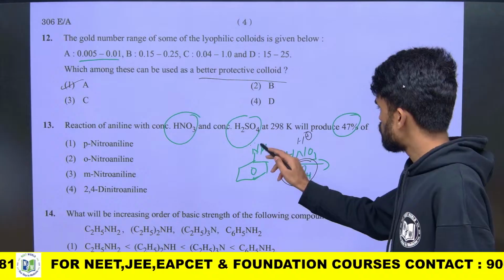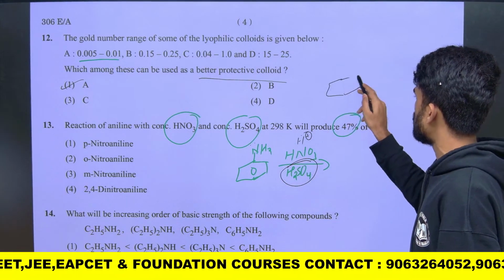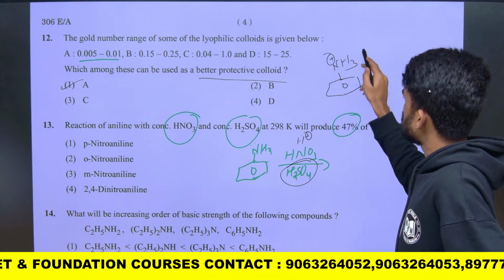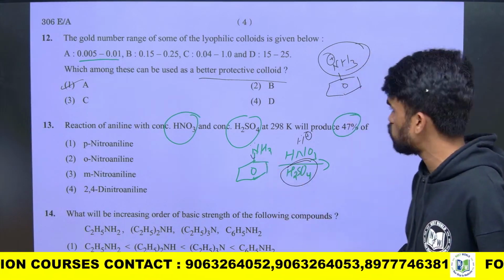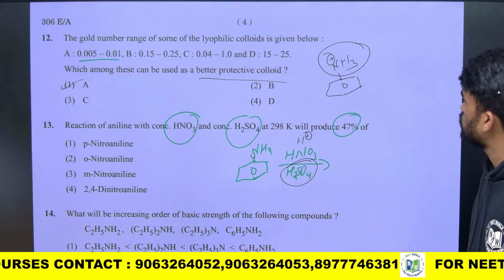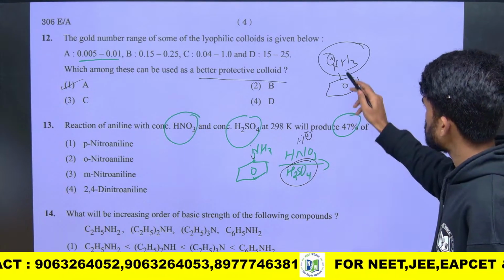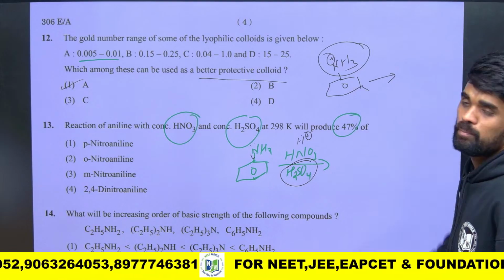So first of all, this H plus is taken by aniline and forms the anilinium ion like this. Now this is a strong electron withdrawing group, whereas NH2 is a strong electron releasing group, but this acts as a strong electron withdrawing group whenever the reaction is taking place in acidic medium. Now if it is a strong electron withdrawing group, nitration takes place at the meta position.